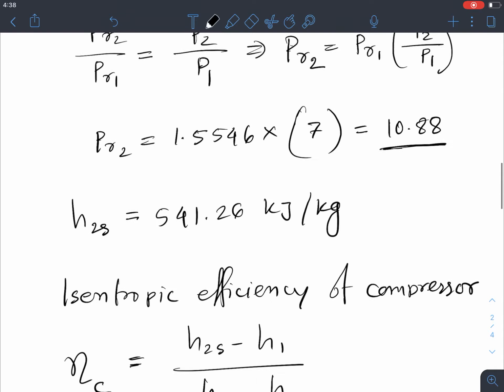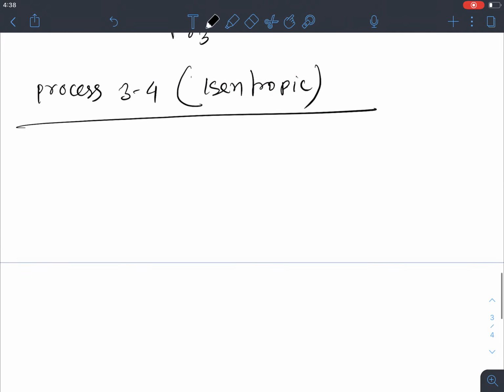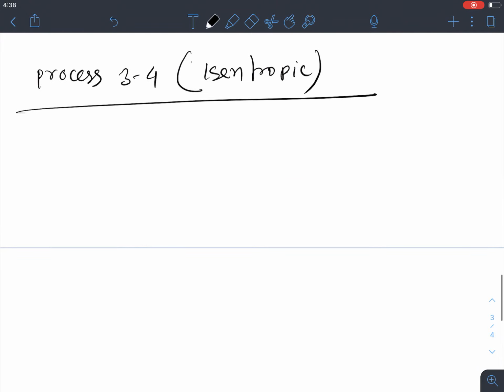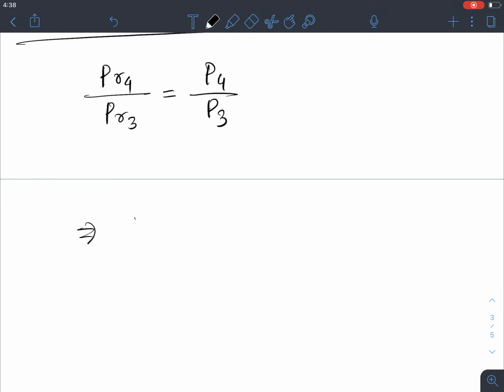Here, if we look at the process 3 to 4s, this is the isentropic process. So for this isentropic process, we know the relationship as well. PR4 divided by PR3 equals P4 divided by P3.